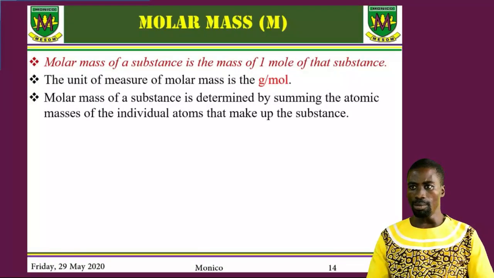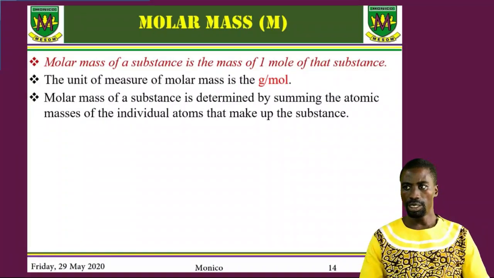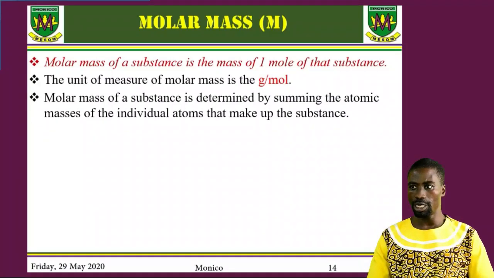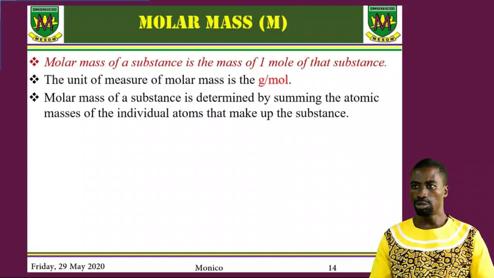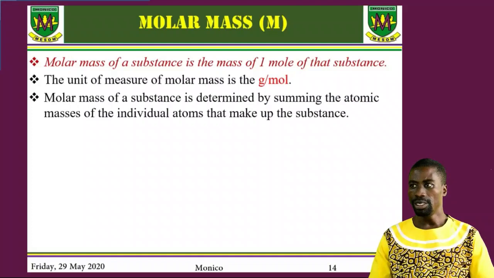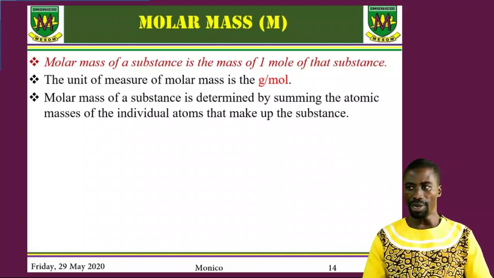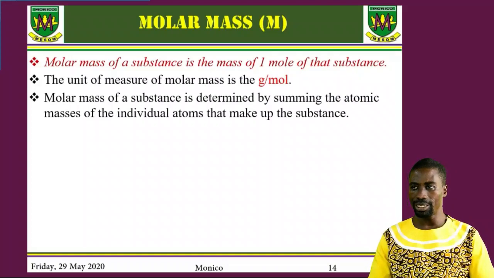We say that molar mass of a substance you only determine by summation of the atomic masses of the individual atoms that make up that substance. So this is similar to relative molecular mass. Here we still sum the individual atomic masses. The difference again is the unit that will be attached to this.